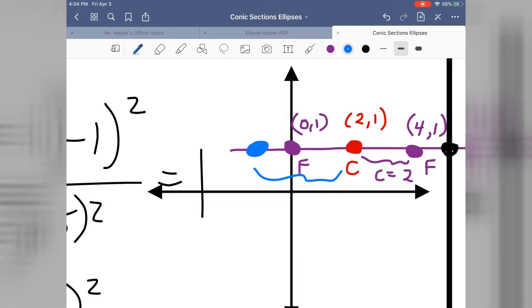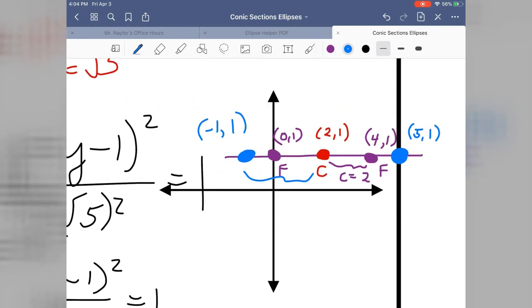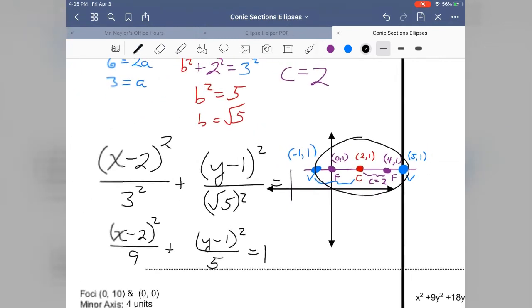And I'd like to see you do that, to write that as 3 units from the center to be at (-1, 1), and 3 units from the center over here to be at (5, 1). And now we have fully analyzed this ellipse so that we can label each important point. Again, the center, the foci, and the vertex. And if you just want to draw a little sketch, there's no reason to get any string out, but it does show that you've actually drawn the ellipse itself.